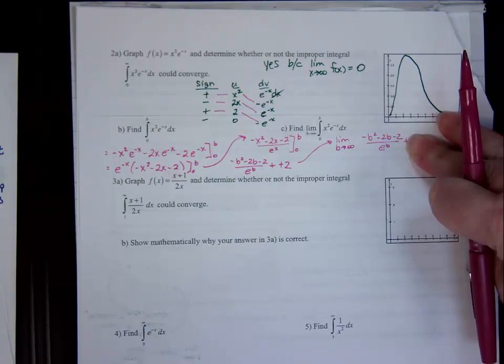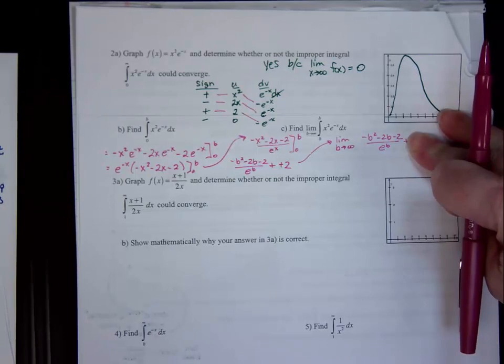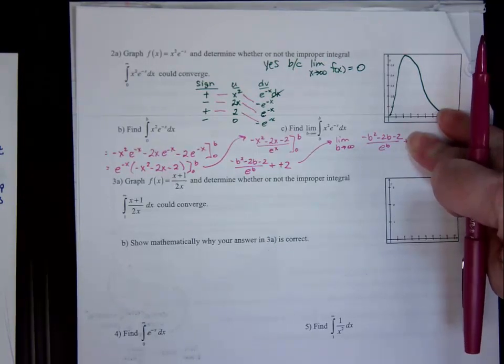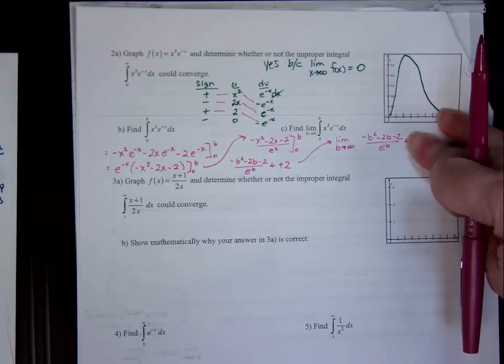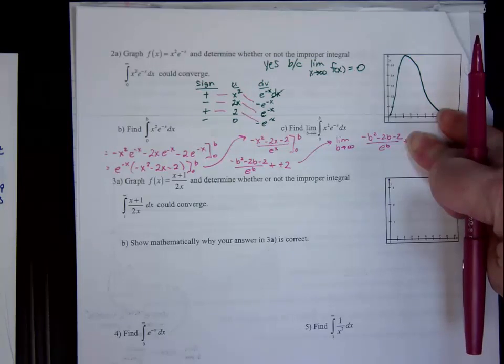Yes. So then I would use L'Hopital's rule to take the derivative of the top and then the bottom. What's the top's derivative going to be? Negative 2b minus 2. And the bottom will still be e to the b. Okay? What if I keep doing that procedure over and over again, what will the derivative of the top eventually be? 0.